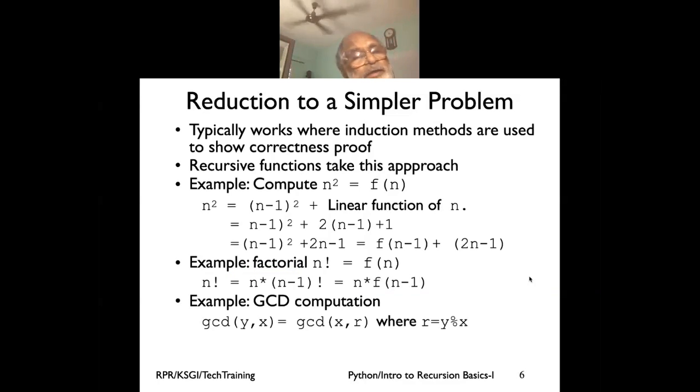You know what GCD is? Highest common factor. Let's say I want to find the highest common factor of 20 and 12.